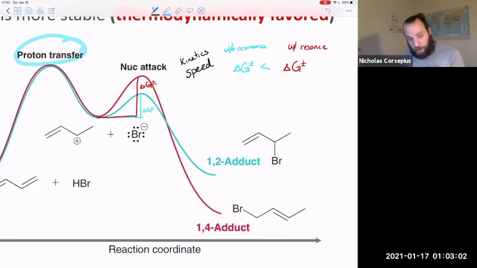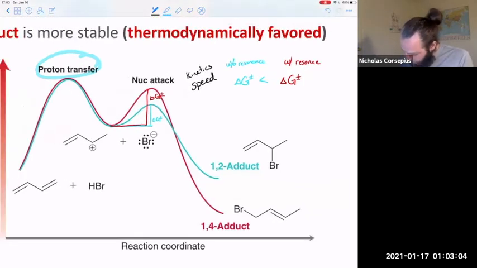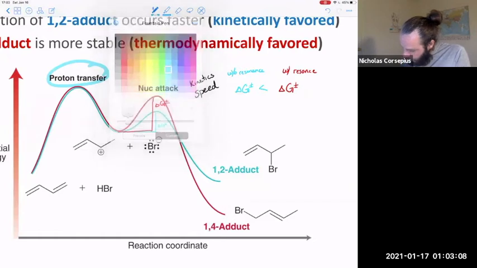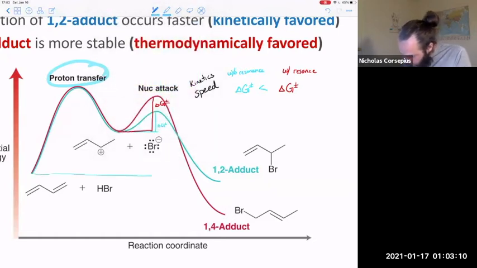Okay. The other difference is the difference between the starting product, the energy of the reactant and the product, which we call the delta G of the reaction.